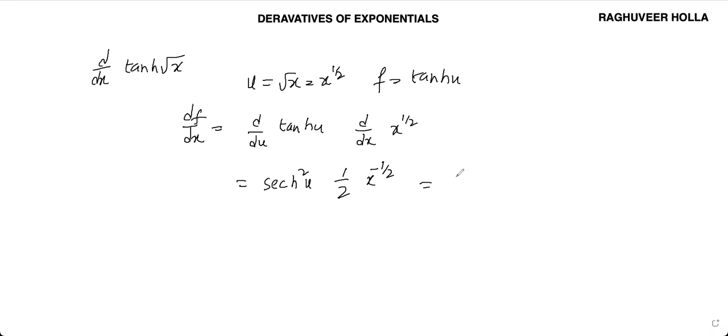So this is half x to the power of minus half sech squared u. I can write this as 1 by 2 root x, and u is root x, so sech squared, or I can write this as 1 by cosh squared root x.